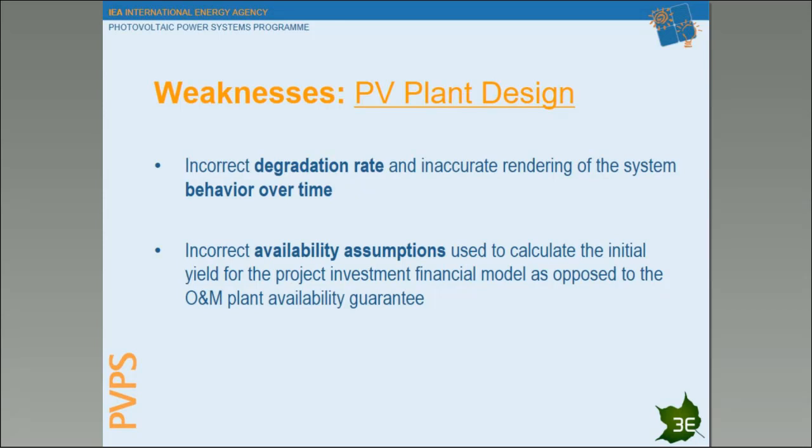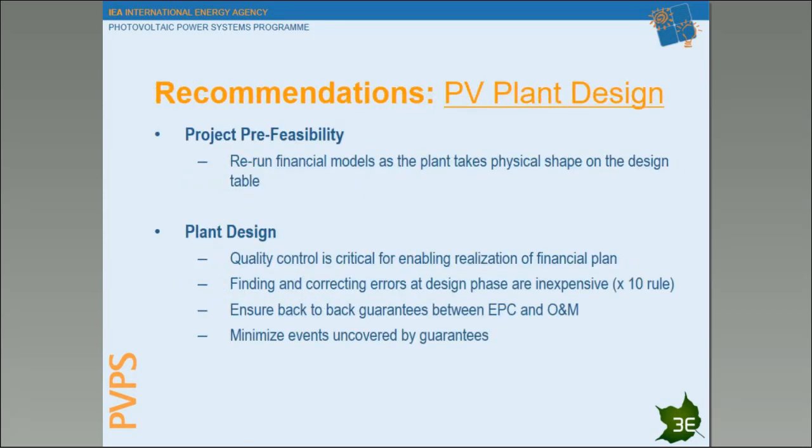Another important point that we want to stress is the availability assumptions that we saw during the survey that we performed: often availability assumptions in the initial design phase are not the same as the availability warranties during construction. I will come back to this point later with an example slide.